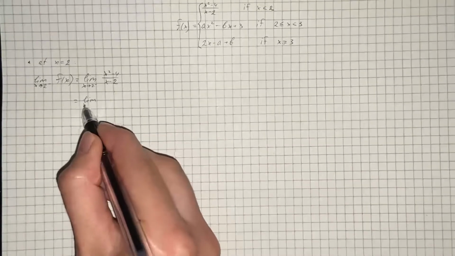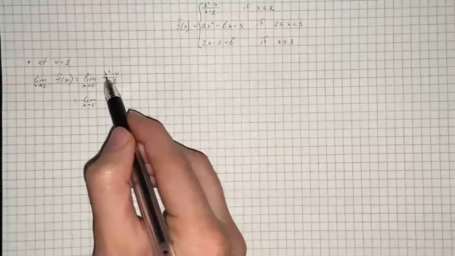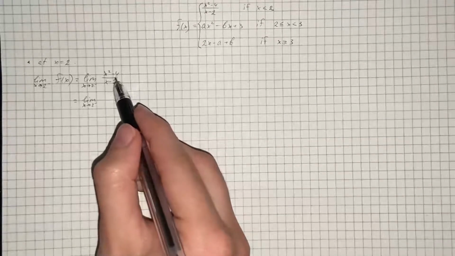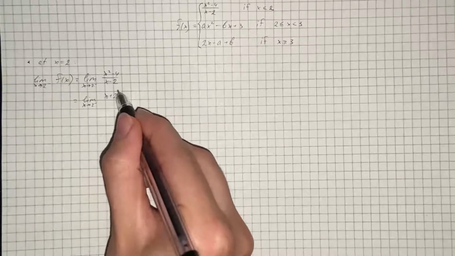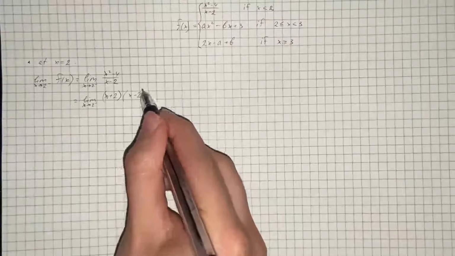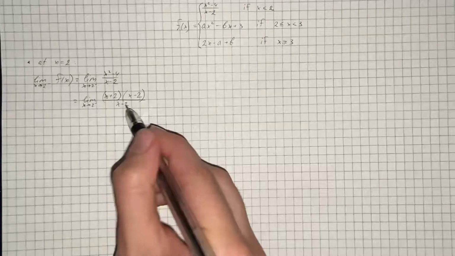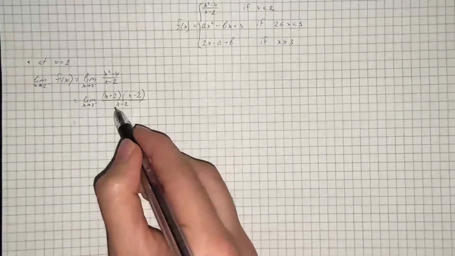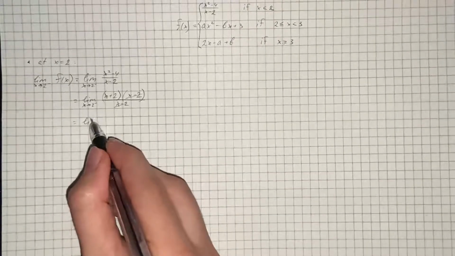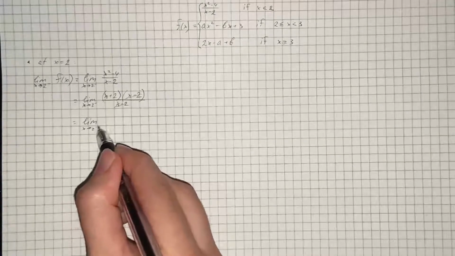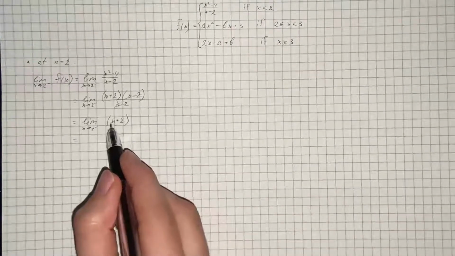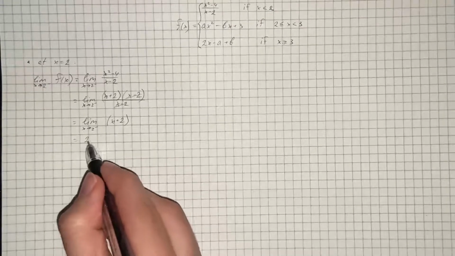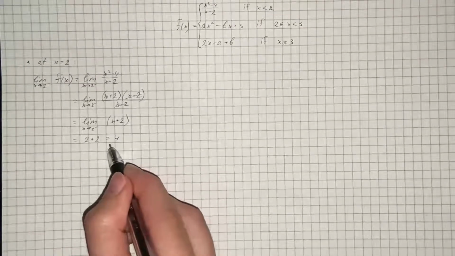That's going to be the limit as x approaches 2 minus, and we apply the difference of two squares formula in the numerator, and that's going to be x plus 2 times x minus 2, over x minus 2. So then we cancel out x minus 2 and we get the limit as x approaches 2 minus of x plus 2. So we apply the limit, substitute x with 2 and we get 2 plus 2, or just 4.